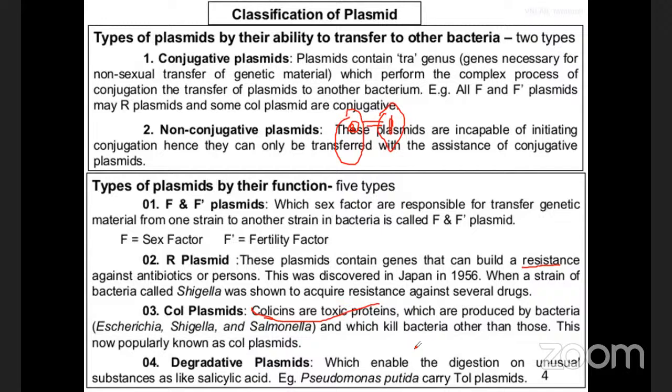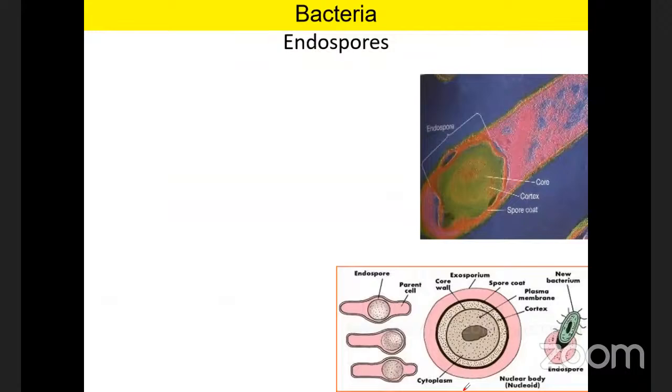These are there in Pseudomonas putida. You know Pseudomonas putida? We use Pseudomonas putida in the degradation of plastics in the ocean, or even for cleaning up oil. For the cleaning of ocean oil and plastic material, we use Pseudomonas putida.